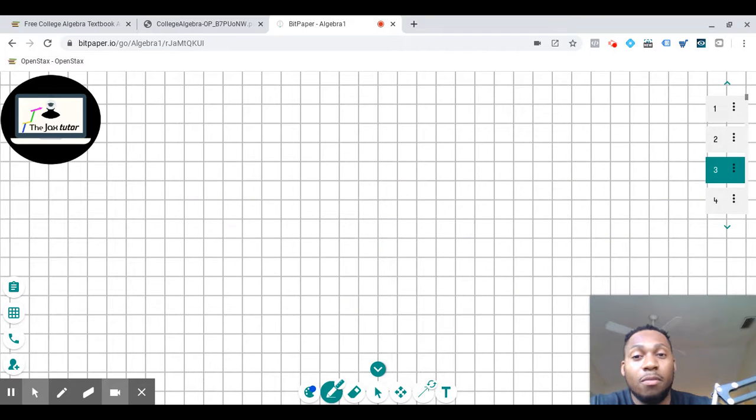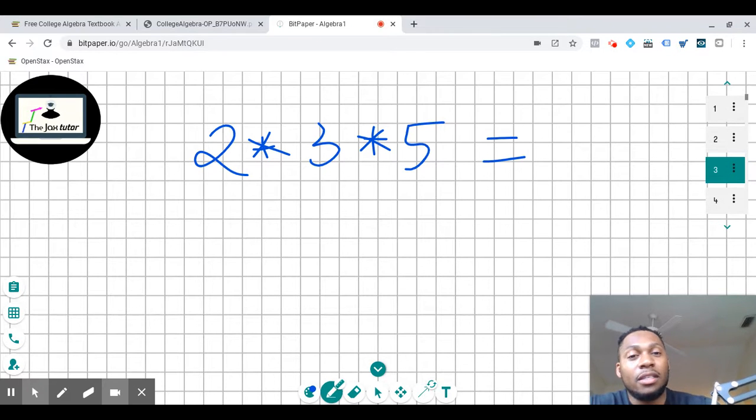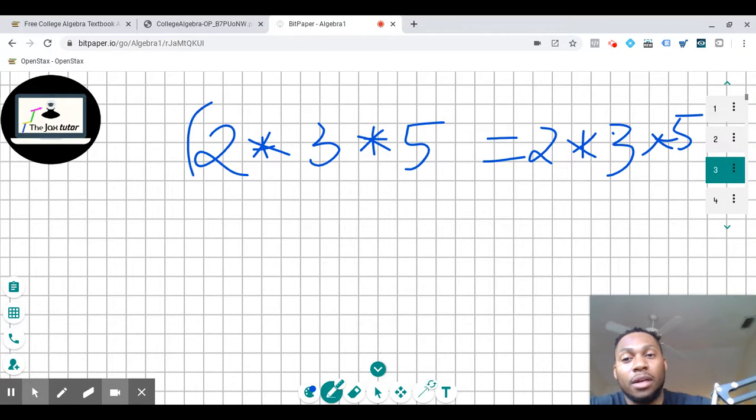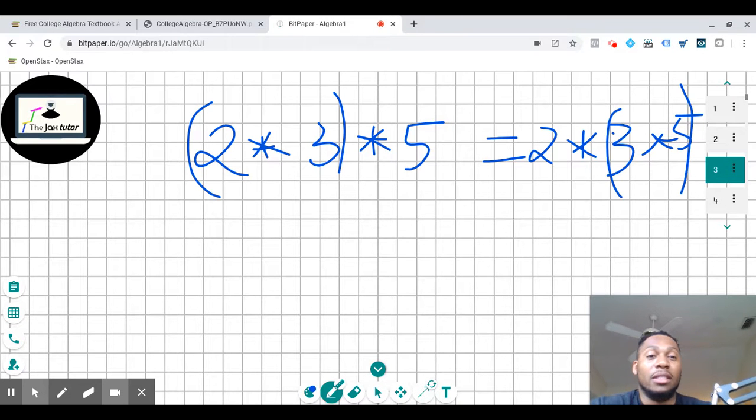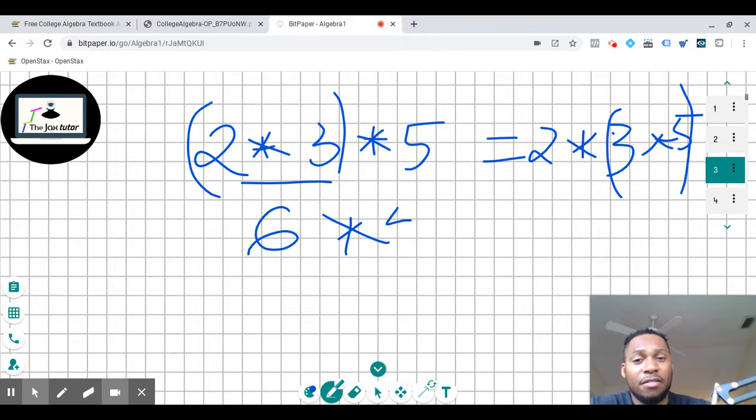And it's the same thing for multiplication too. So let's say you have (2 × 3) × 5. We'll take the same example. That is equal to 2 × (3 × 5), regardless of how you group it. So if I put a parenthesis on the first two, and on this one I put a parenthesis that way, it's the same answer. So 2 times 3 is 6, times another 5 is 30.